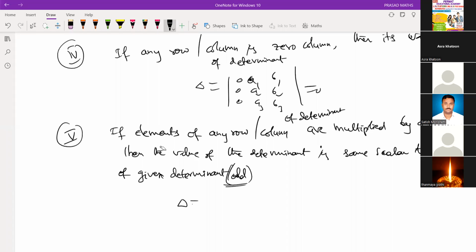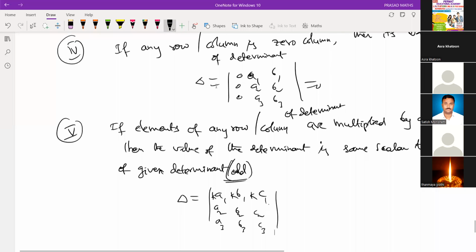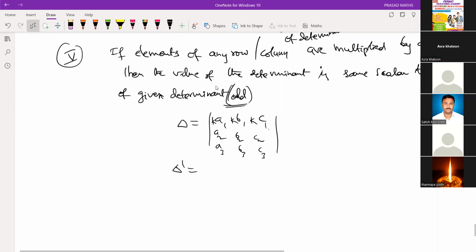Suppose you are given this a1, b1, c1 row, and this row is multiplied by a constant k, scalar k. Remaining rows are as they are. So what you observe is, suppose you have another determinant a1, b1, c1, a2, b2, c2, a3, b3, c3.